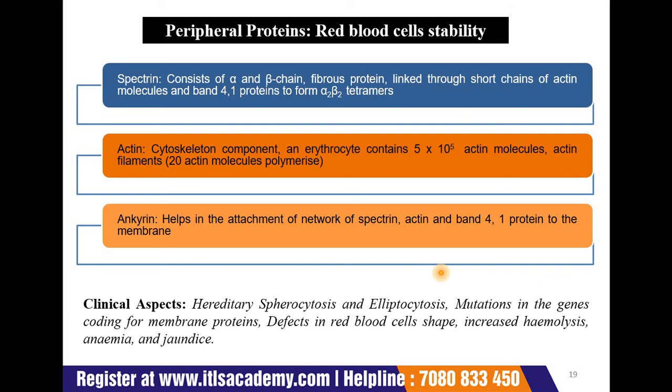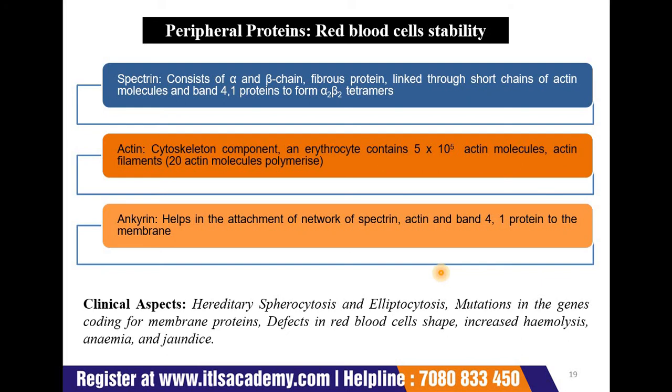Now there are certain clinical aspects associated with a defect in these peripheral or integral proteins. Basically there are hereditary spherocytosis and elliptocytosis. These are diseases that are inherited genetic abnormalities of red blood cells, in which red cells occur in an abnormal shape.